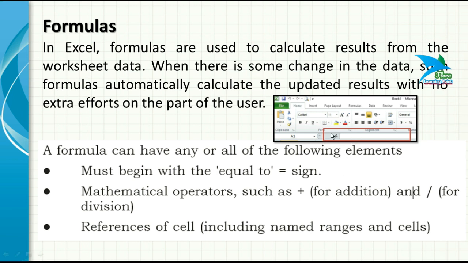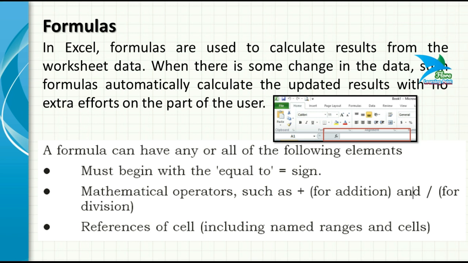This is known as the formula bar, available in your MS Excel worksheet, and you can type the formula in the text box available in the formula bar. There are some elements that we have to discuss before practically using formulas. The first point is that each and every formula must begin with the equal sign.